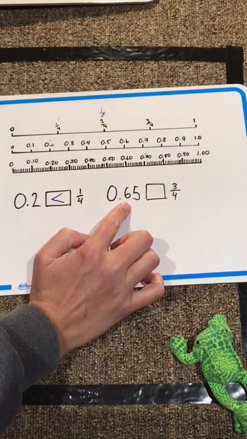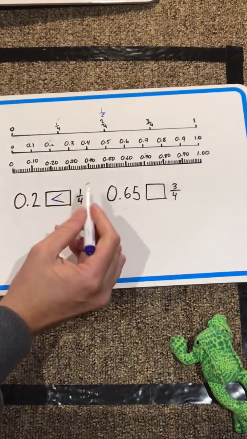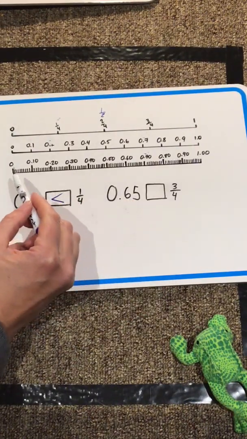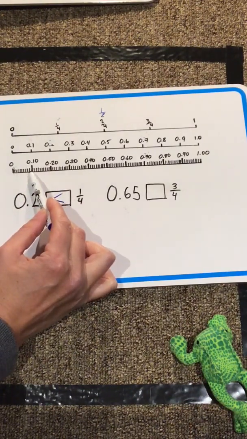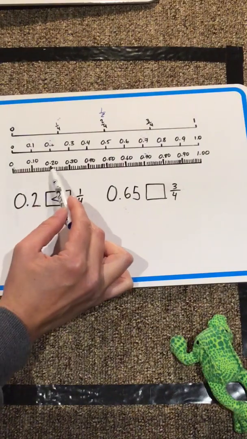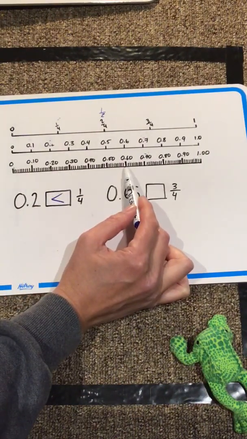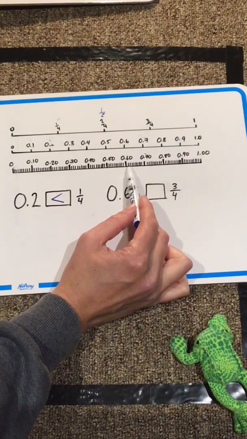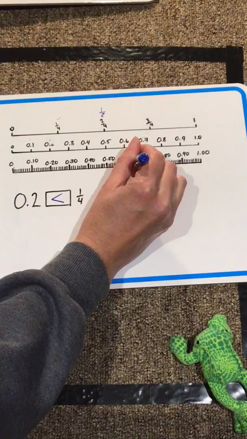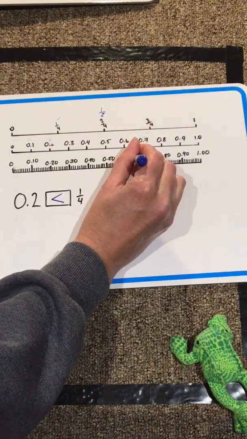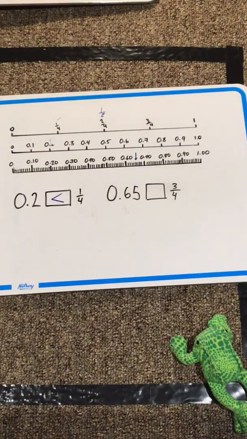Okay, next two numbers, 0.65. All right, so you practice hopefully putting hundredths onto a number line so we can count by tenths. So here's 10 100ths, 20 100ths, 30 100ths, 40 100ths, 50 100ths, 60 100ths. So we have to count 61, 62, 63, 64, 65. So it's going to be right in the middle here. That guy. Okay, and 3/4.